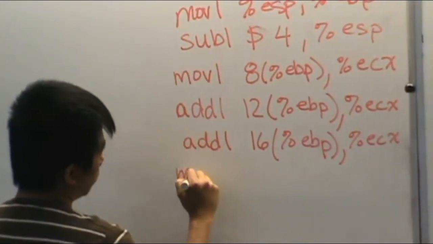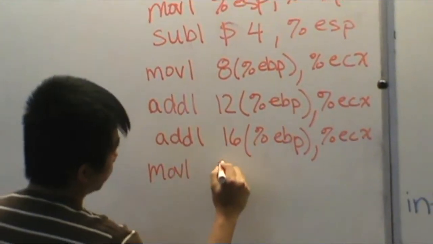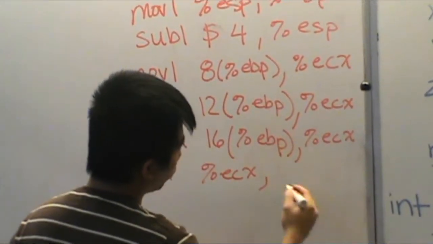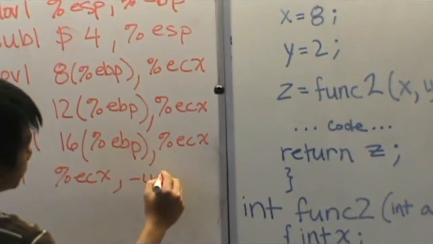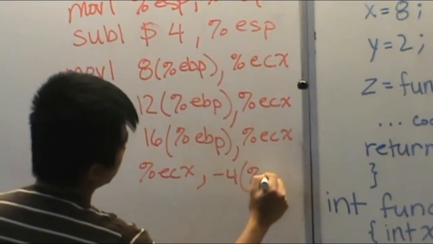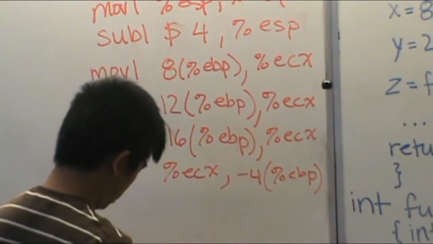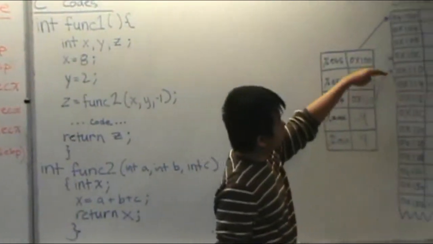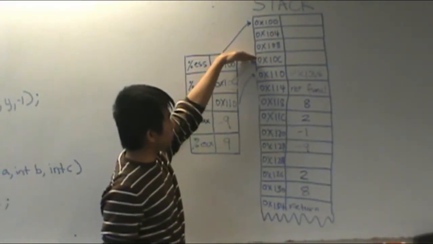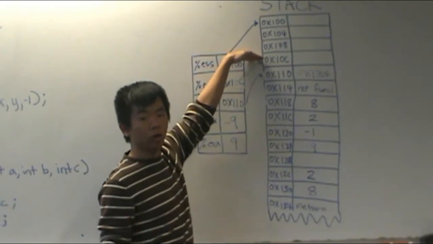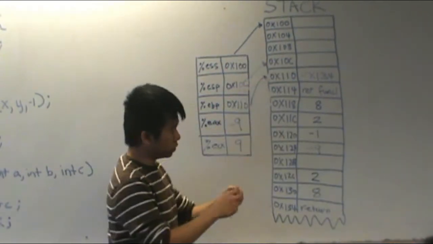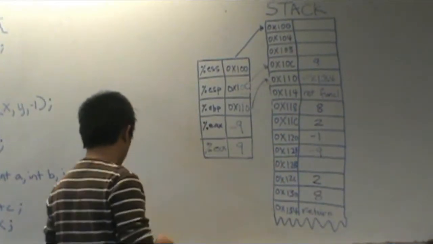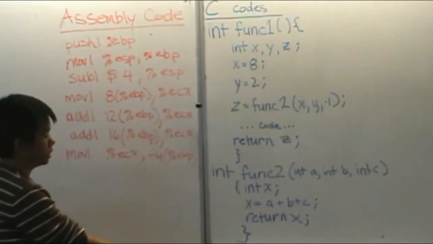Using this command, move the value in register C to the local variable x, which is -4(%EBP). So -4(%EBP) will move into here, storing whatever value is in C into here. So this will be 9. Now we have the sum.